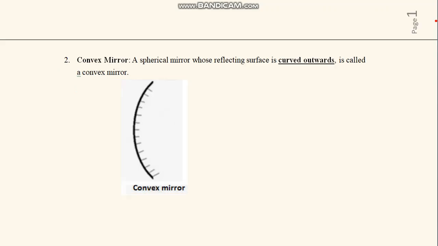The second kind is a convex mirror. In such a mirror, the reflecting surface is curved outward. As in the diagram, this is the reflecting surface which is curved outward. And the opposite side, this is the non-reflecting surface.